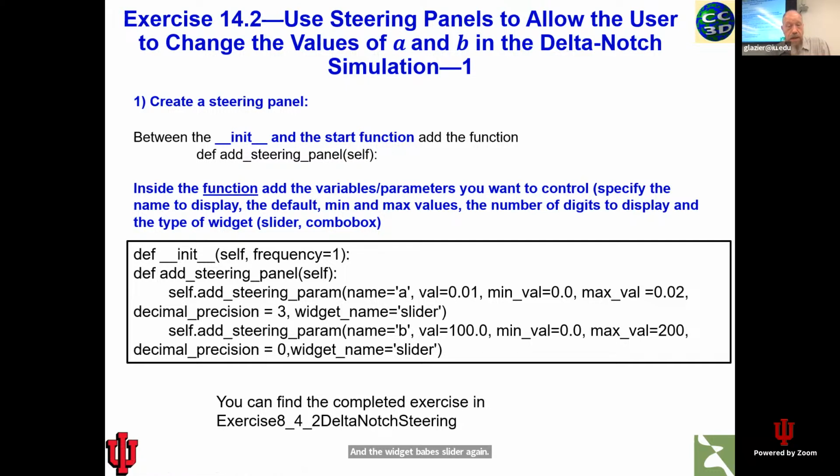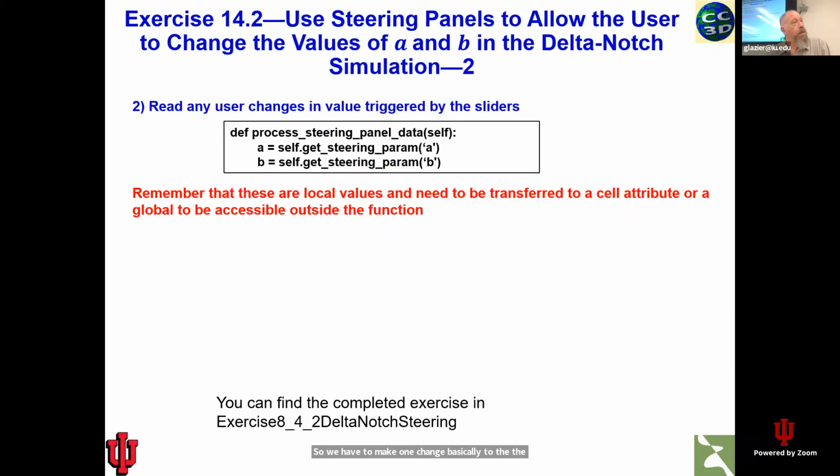So we have to make one change basically to the boilerplate code that Twedit gives us there, and then we have to process that. In the def process steering panel data, we have to read the value of A and B from the steering panel. So we'll say self.get steering panel parameter. The screen share is working, right, Hayden, at this point? Yes, I hope. Yeah, looks good. Good, okay.